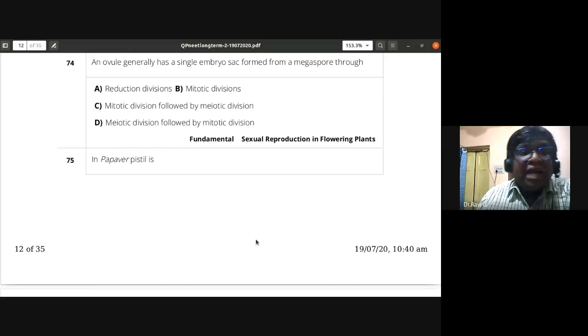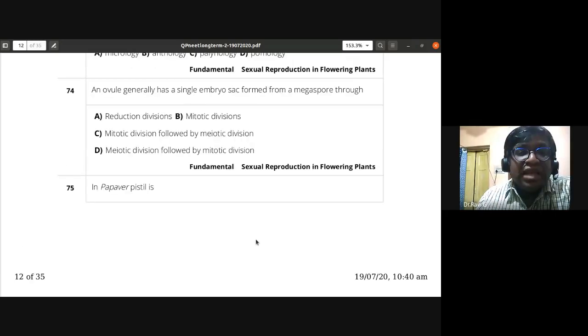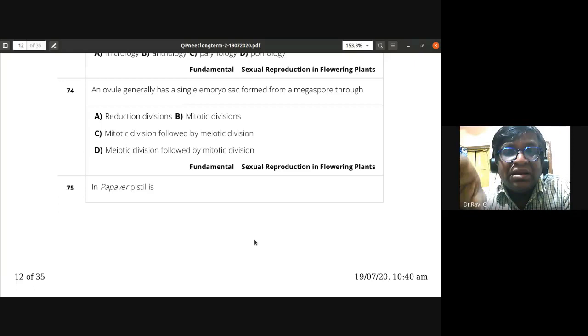And 74th, an ovule generally has a single embryo sac formed from a megaspore through reduction divisions, mitotic divisions, or meiotic division followed by mitotic division. Here the answer is mitotic divisions.